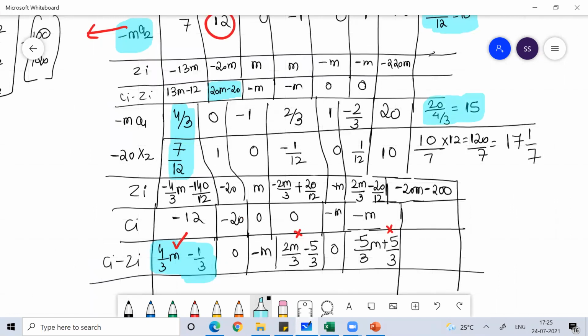So out of this, which is the smaller value? This is the smaller value, right? So this corresponds to what value? Called A1. It means X1 is entering into the solution and A1 is leaving the solution.